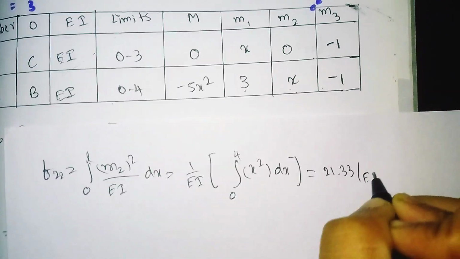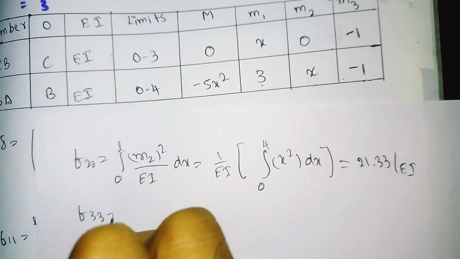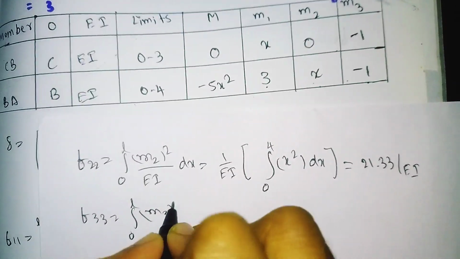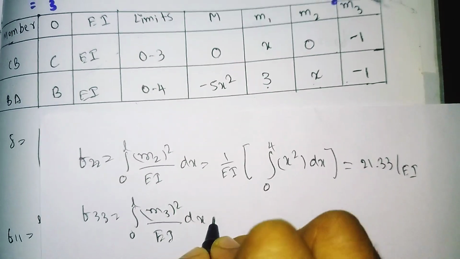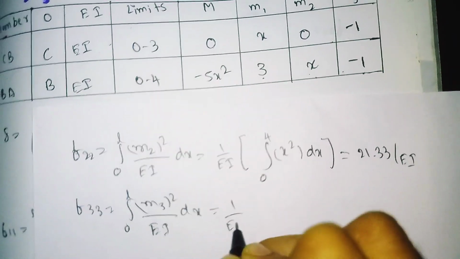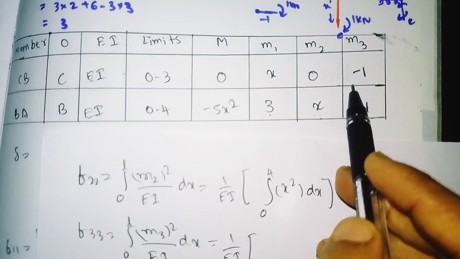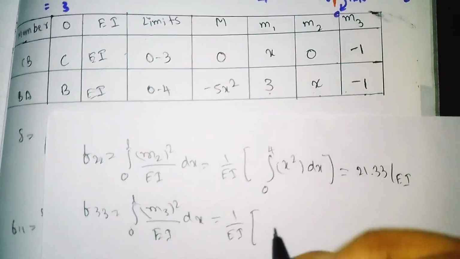21.33 divided by EI. Similarly for F33 we have the formula integration of 0 to L of m3 square divided by EI into dx is equal to 1 divided by EI. So m3 for CB is minus 1, for BA is minus 1.